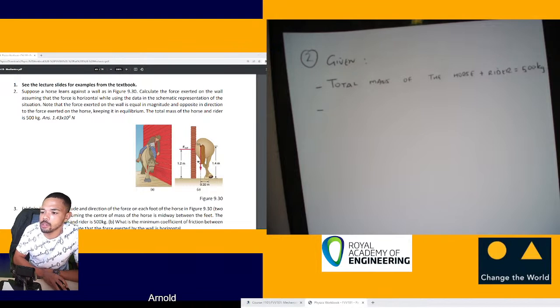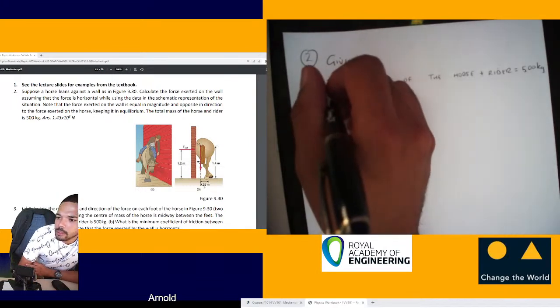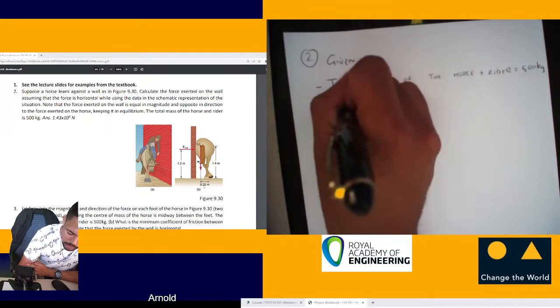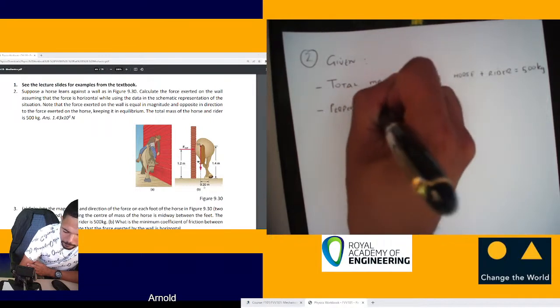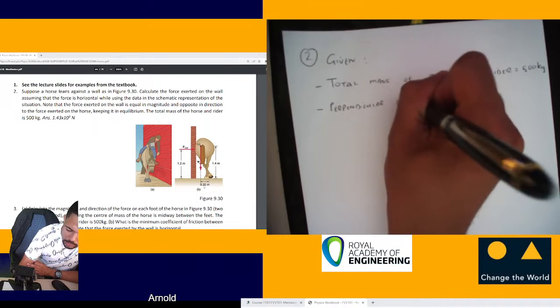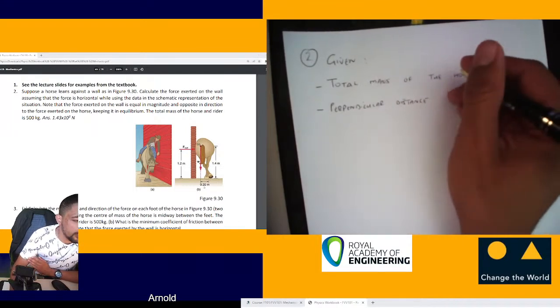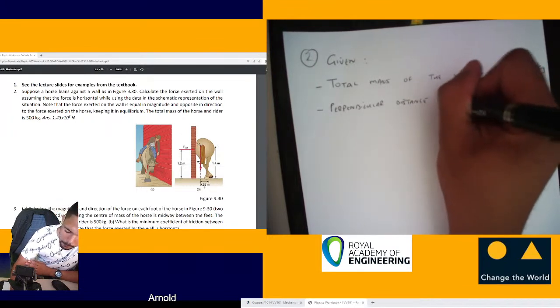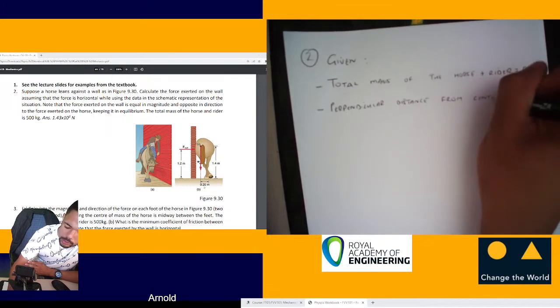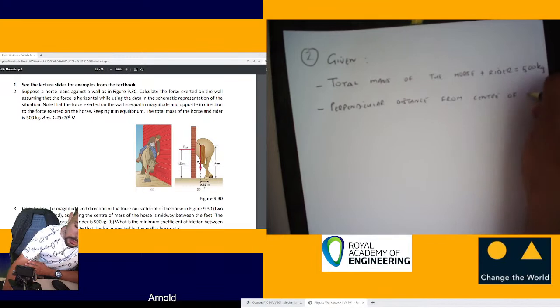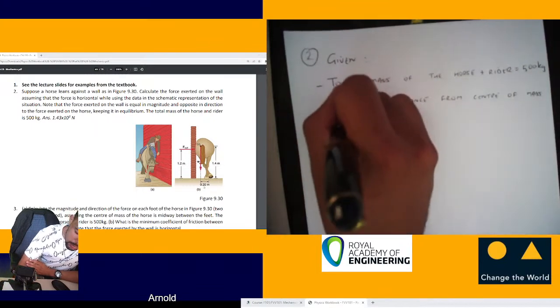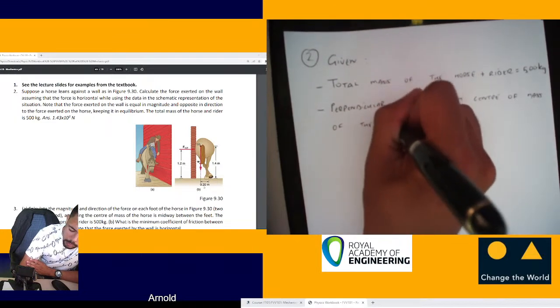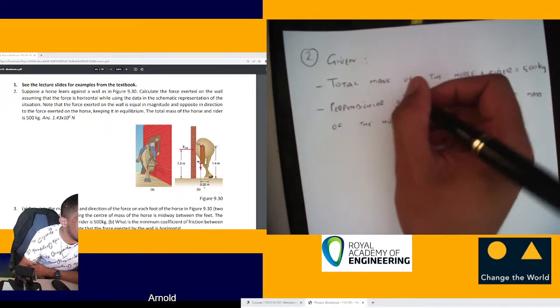So, the perpendicular distance from the center of mass of the horse to the toe of the horse.